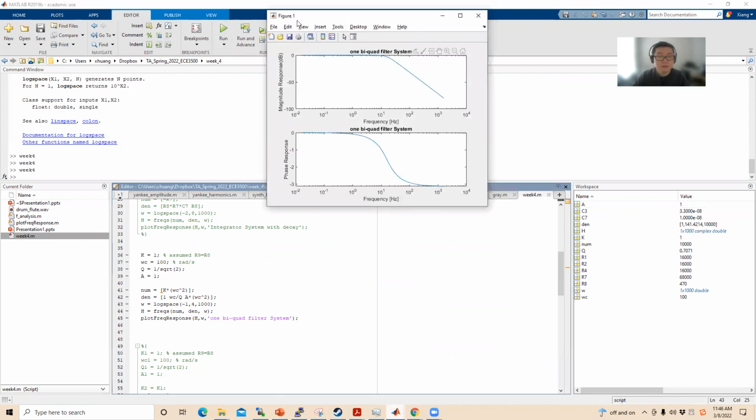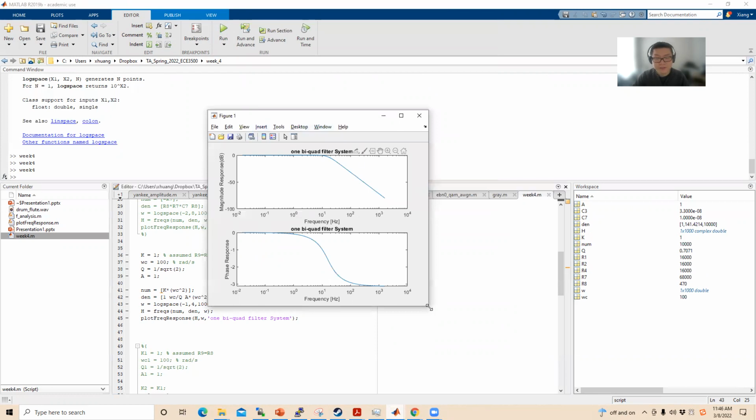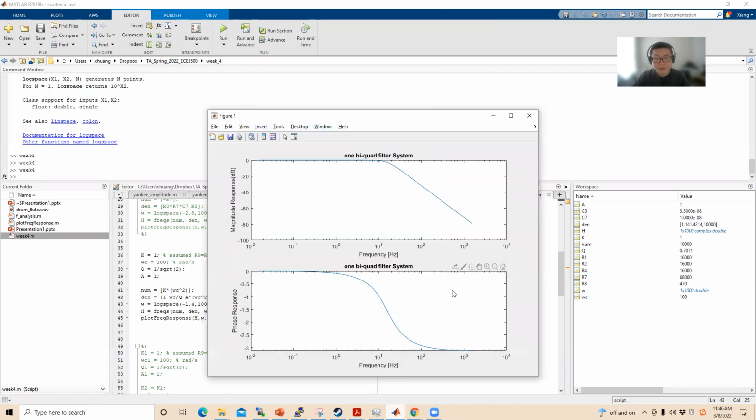So this is our biquad filter system. Yeah, you can see here I define here.